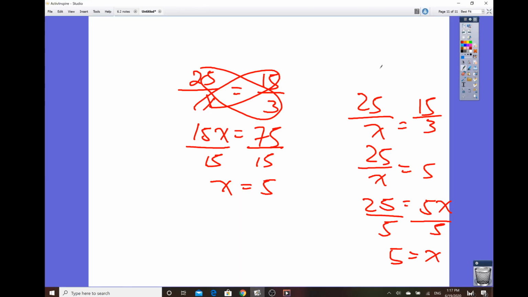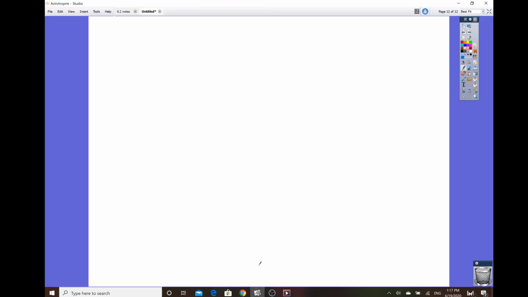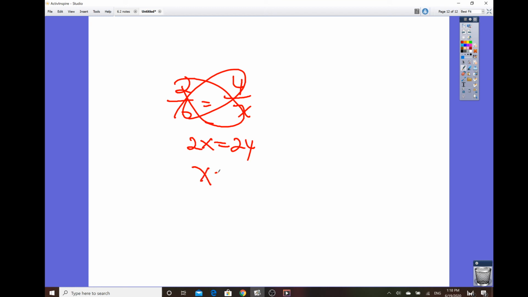The way you can do it is similar to this one. What we got here is 2/6, which equals 4/x. We can cross multiply if you want to. So we get 2x equals 24, and then x equals 12.